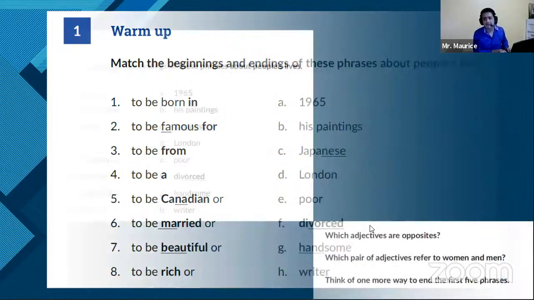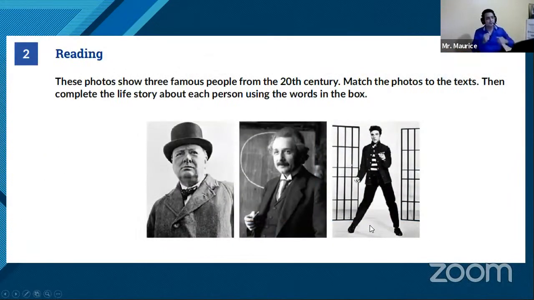So let's practice. Let me help you. In picture number 1, he was Winston Churchill. Winston Churchill, okay? He was a very famous person. You guys tell me information about these guys.